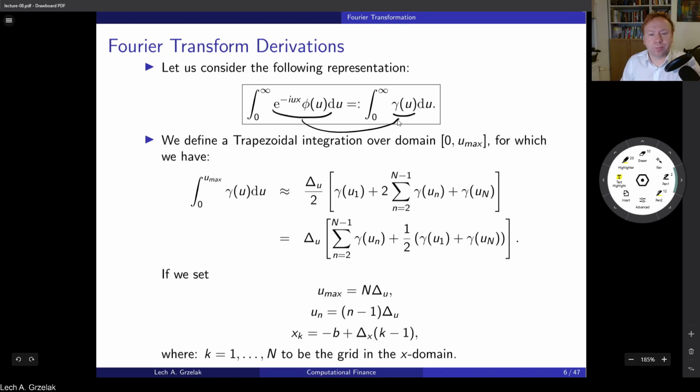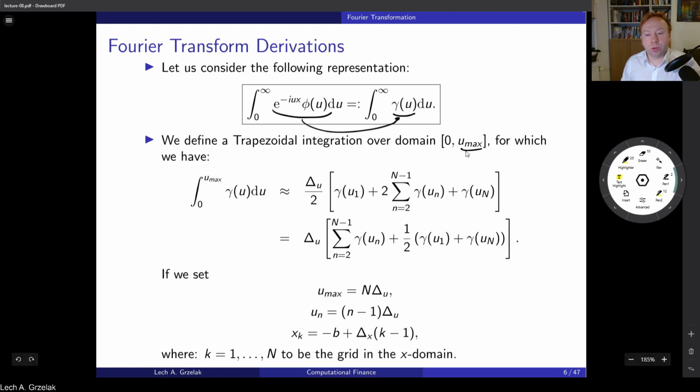this expression here. The next step is to define the integration routine we would like to perform on this integral. The integral here is continuous. We would like to have a discretized form, and discretization would correspond to the grid that we would like to develop. Of course, the first thing we have to choose is the upper limit of the integration.